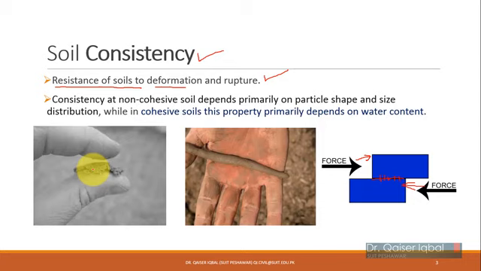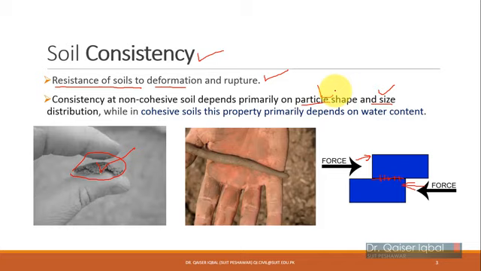Consistency of non-cohesive soil depends primarily on the particle shape and size. If you have non-cohesive soil like sands and gravels, their particle shape and size will affect the consistency. If the particle size is large and the particle shape is angular, then it will have greater consistency compared to when the particle size is small and the particle shape is more rounded, which means it will have less resistance to deformation.